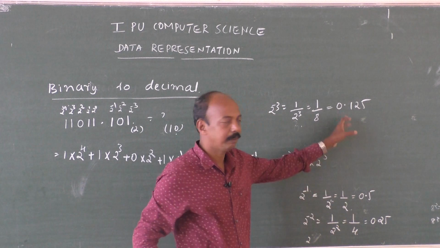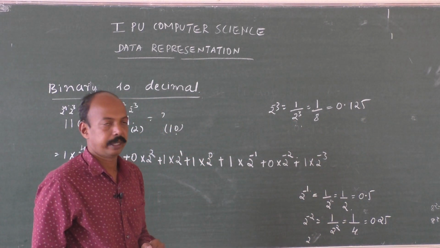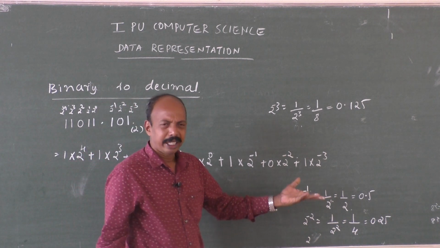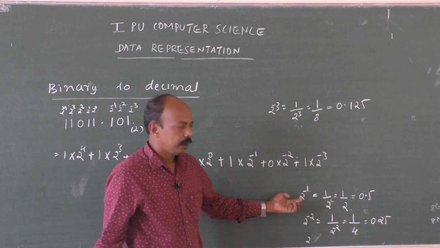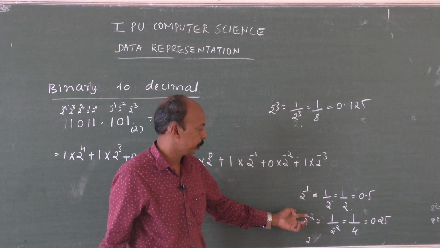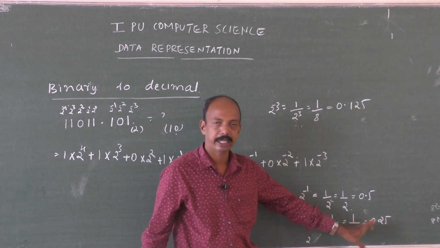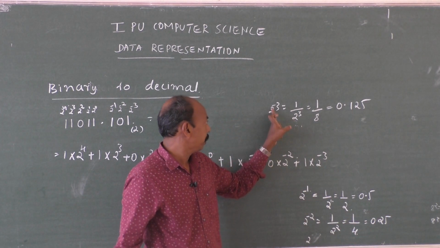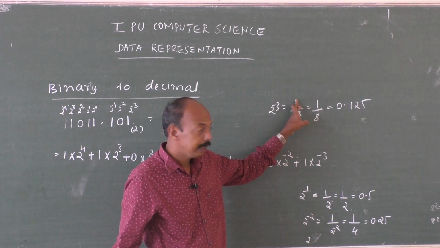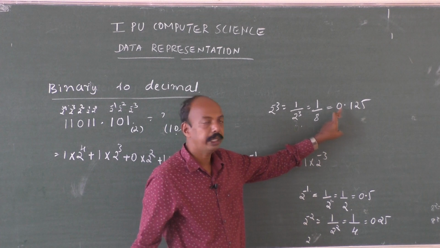These values we need to remember because that will be used for the calculation purpose. Somewhere you can write down if you want. 2 to the power minus 1 is half, 0.5. 2 to the power minus 2 is 1 by 4, which is equal to 0.25. 2 to the power minus 3 is 1 by 2 to the power 3, which is equal to 1 by 8, which is equal to 0.125.